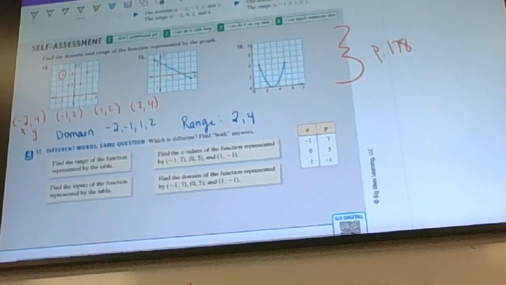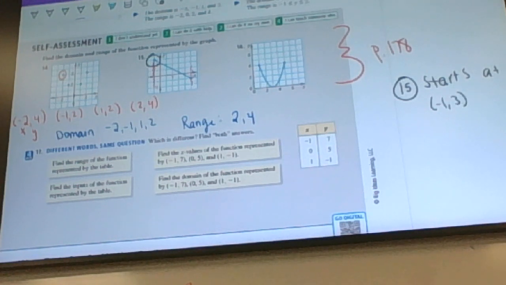Okay, 15. So 15 starts at, what is that? It's -1, comma 3. And it ends at 1, 2, 3, 4.